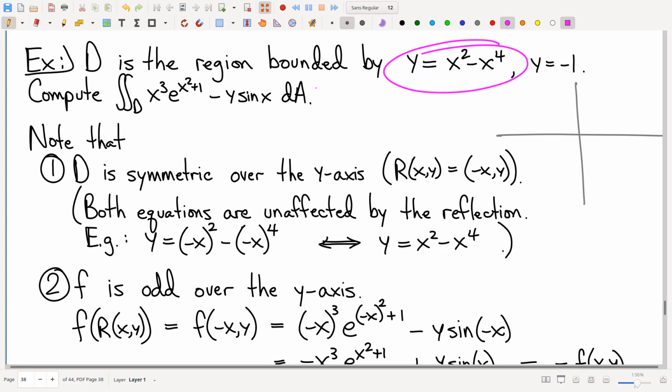And curve sketching, and I claim that looks something like this. Yeah, ballpark, something like that. And then there's this curve, which of course is a lot easier. That's just that horizontal line like so.